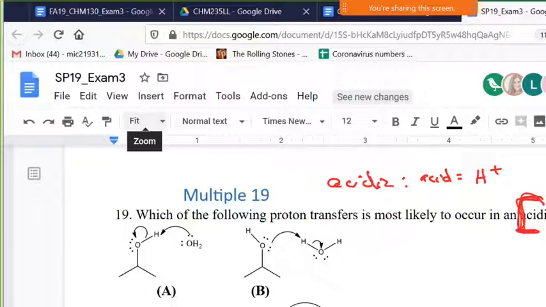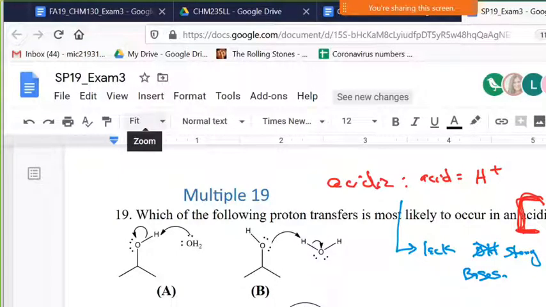The other thing that's going to be useful to associate for us is not just the presence of H+, but the lack of OH-, and more importantly, the lack of strong bases. If we see a strong base, well, how did a strong base form if we're in an acidic environment? That just doesn't make physical sense. So we want to be looking for positive charges, and we don't want to see negative charges.